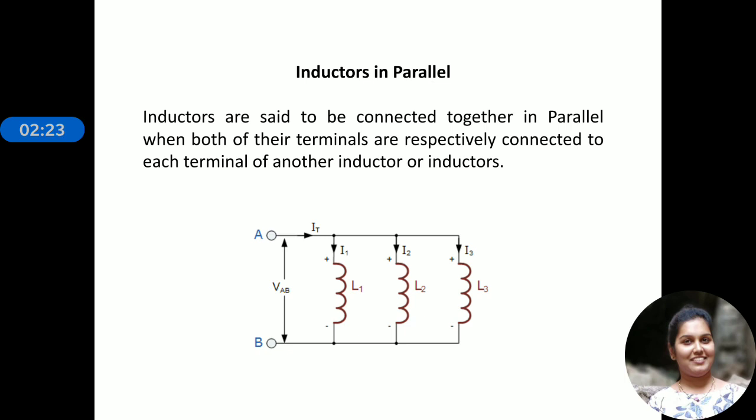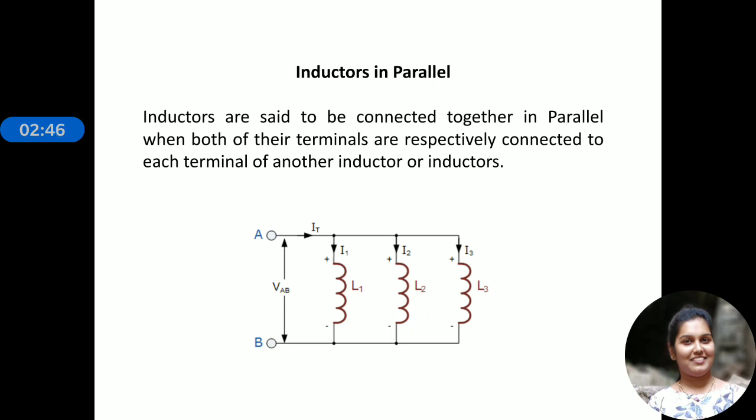And also we have discussed what is meant by coefficient of coupling. That is, the amount of mutual inductance that is being developed in the coils which are near to each other, and that factor we call the coefficient of coupling. Inductors can be either loosely coupled or tightly coupled.